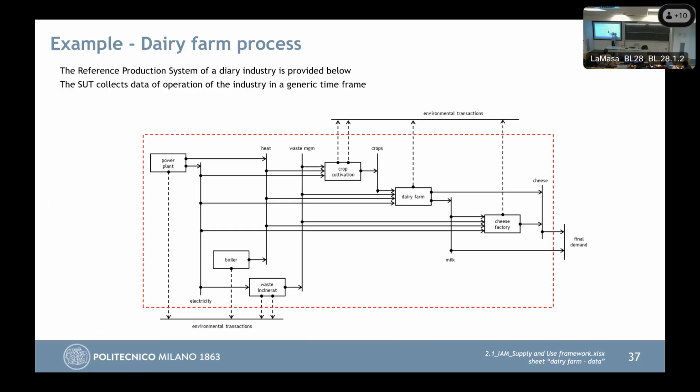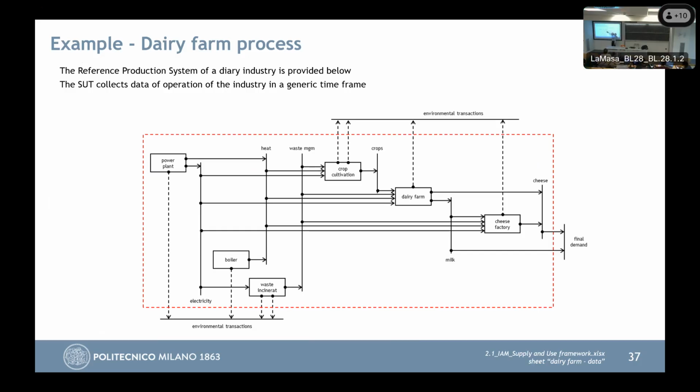It's moving in the opposite direction, right? So all the flows of waste that are generated in the crop cultivation, dairy farm, or cheese factory are actually moving in the other direction, right? Because usually you are producing waste that is processed by waste incineration.